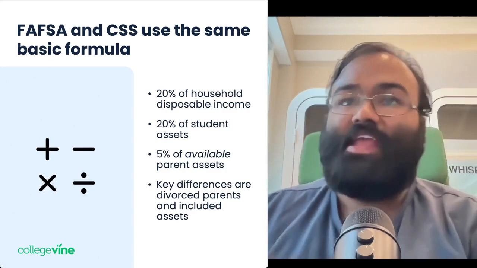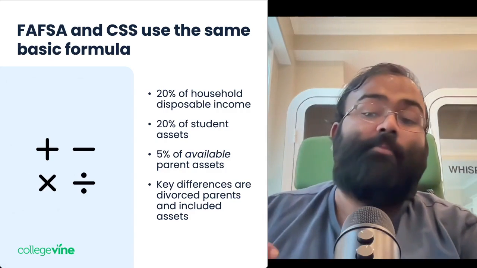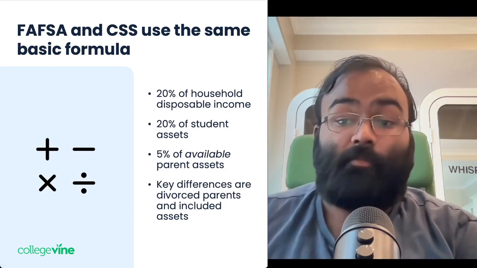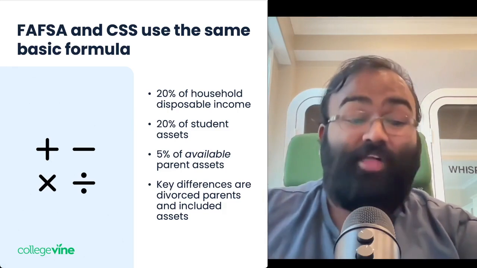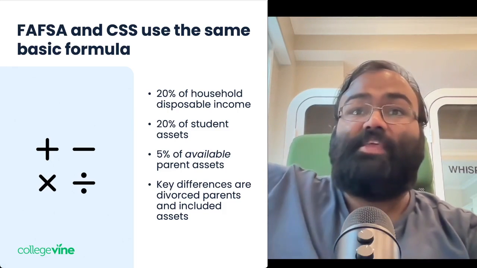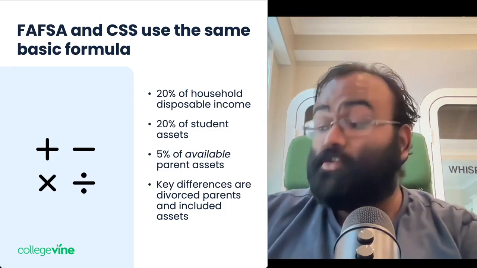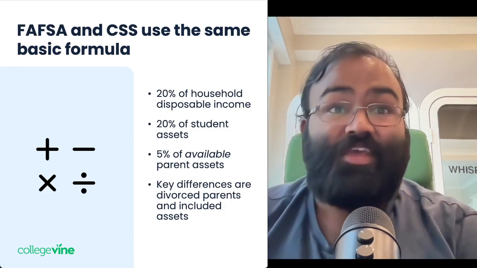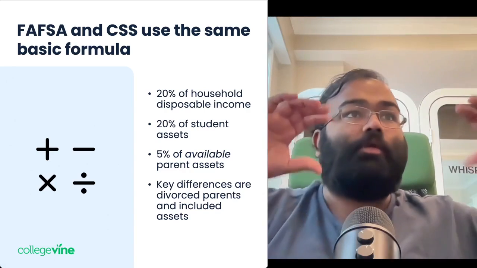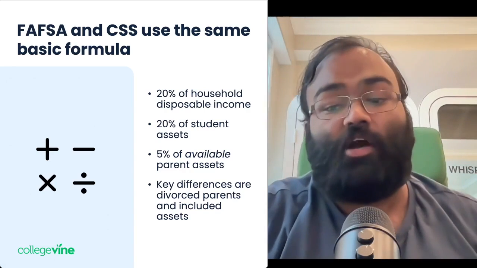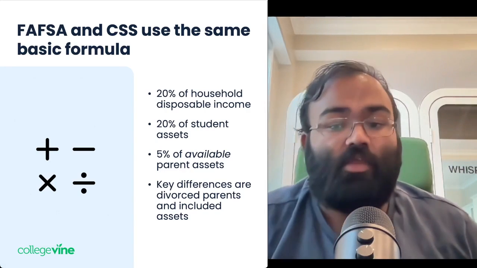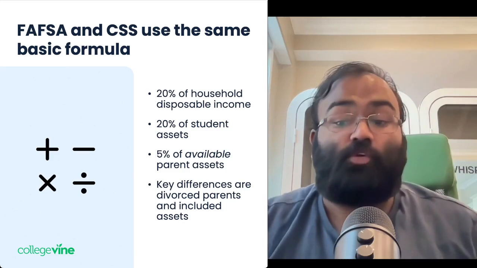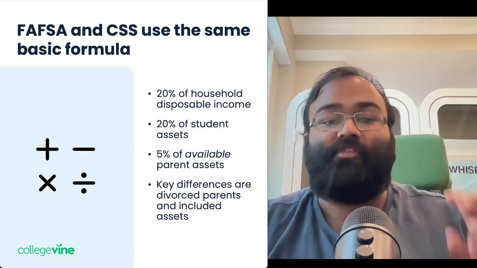So what that means is, in a given year, you're expected to pay about 20% of your household's disposable income, plus 5% of your available assets as a parent, plus 20% of the students' financial assets. All of that together is your expected family contribution for a given year. Now, the differences between the FAFSA and the CSS are mainly in the treatment of divorced parents and which assets are considered available.